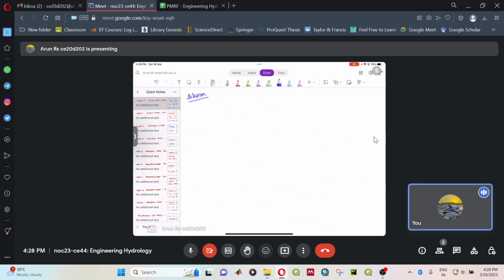So first, let us represent the three sections as 1, 2, 3: the upstream section as 1, the downstream section as 3, and the mid section as 2.